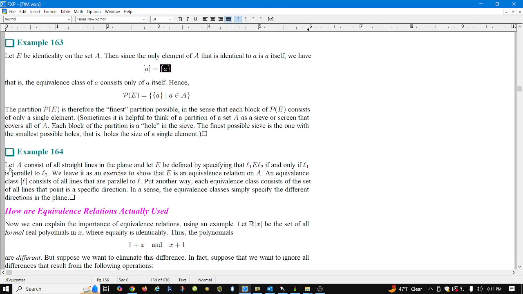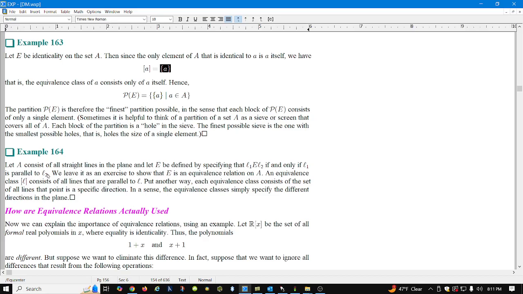Here's another example. Let A consist of all the straight lines in the plane. And let E be defined by specifying that line L1 is related to line L2 if and only if L1 is parallel to L2. Or in other words, L1 and L2 are parallel. I just gave it away.